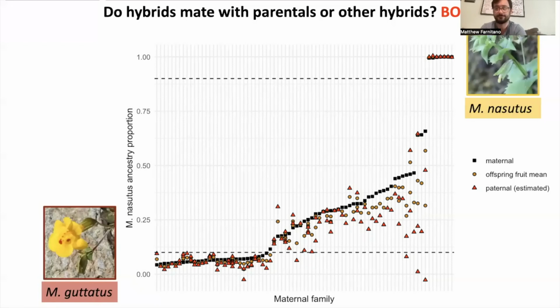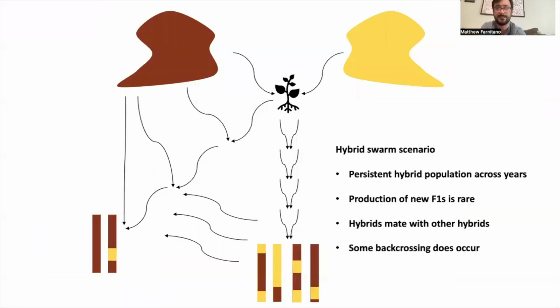And taking a step back, it seems like this situation is kind of the perfect storm for adaptive introgression. We've got this hybrid swarm scenario with a persistent hybrid population that's maintained across years. Even though the production of new F1s is rare, hybrids mating with other hybrids are able to keep this population going across years.